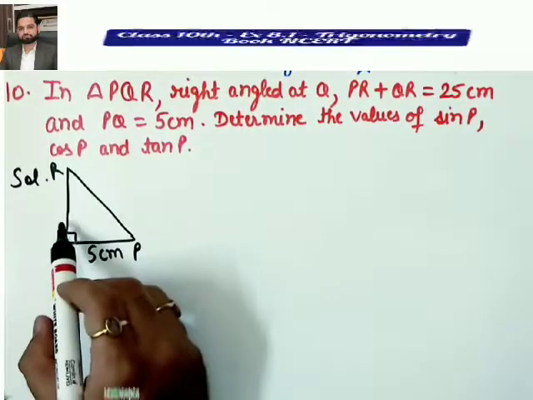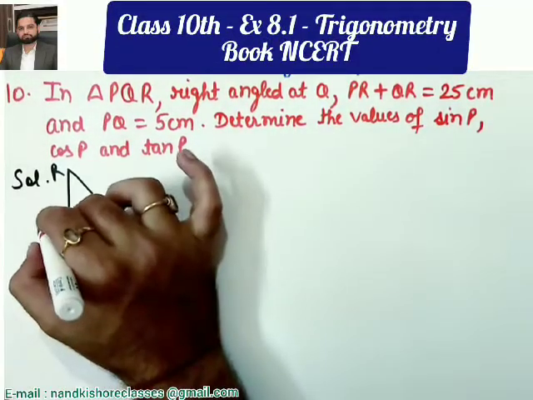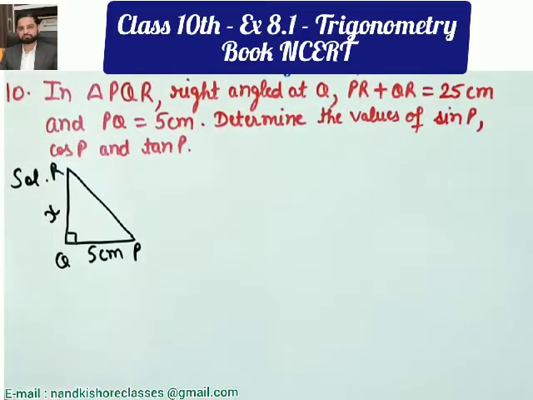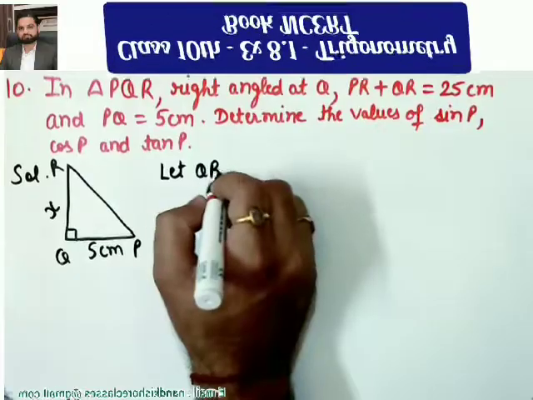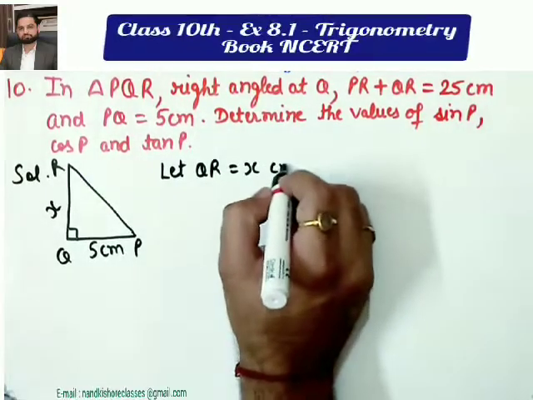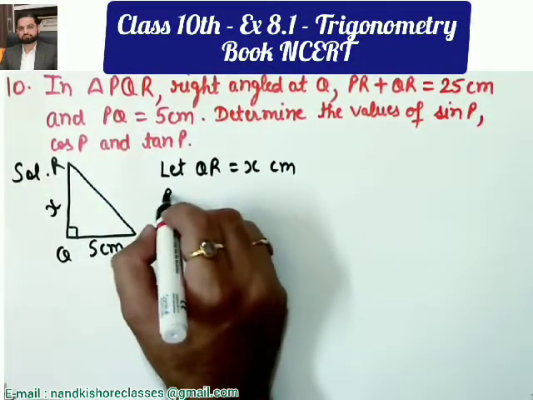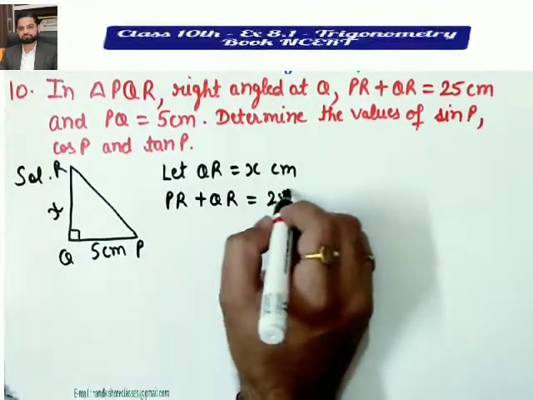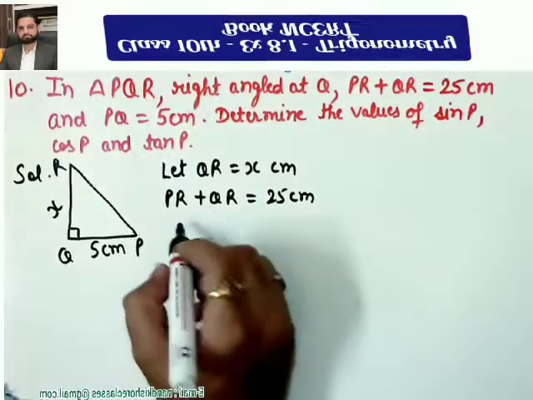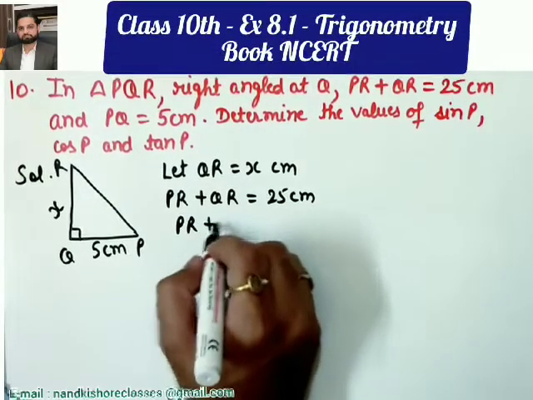This is PR, this is QR. I am considering QR as x centimeter. Now see, PR plus QR together is given as 25 centimeter. Value of QR is x.